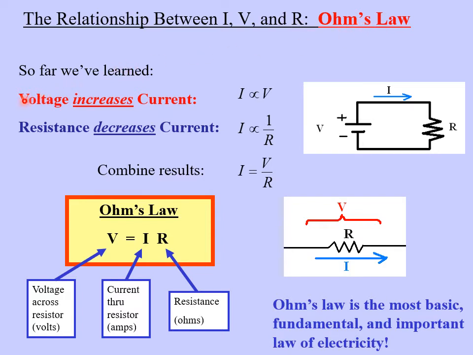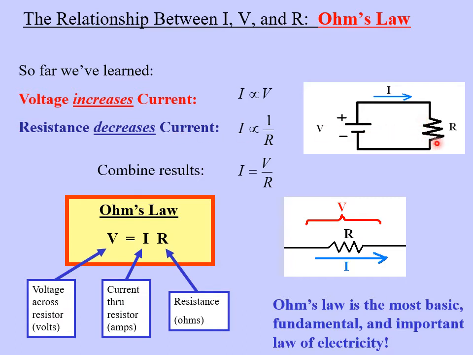So again, what we've learned so far in part 1 is that voltage increases the current. You can think of the voltage kind of like a pump here that's pumping the current around the circuit. So the current I is proportional to the voltage, meaning if we increase the voltage, we get more current. On the other hand, the resistance decreases the current.